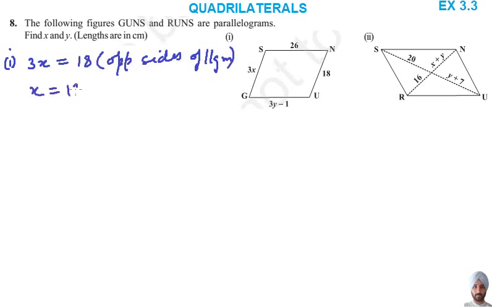So 18 upon 3, this is 6. So x is equal to 6. And they have mentioned that the lengths are in centimeter, so you have to mention that x is 6 centimeter. Now we have to find this y. Again 26 and 3y minus 1, they are equal.